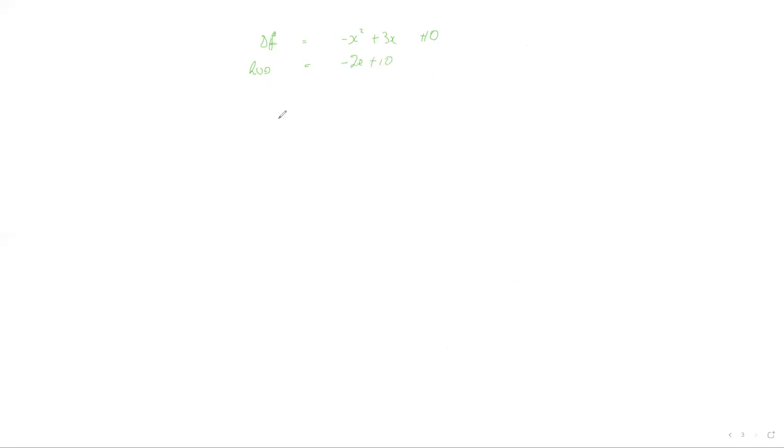So the parabola minus straight line, which is k of x minus h of x, will equal -x² + 3x + 10 minus (-2x + 10).